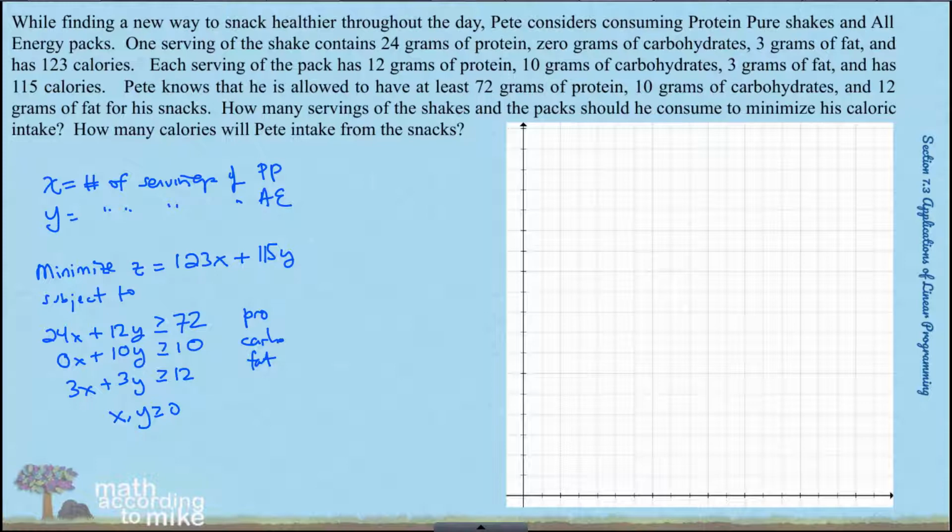All right, so we have made our linear programming problem, which now means we need to graph it and find all of the corner points. So just like we did in previous videos, we'll take the inequality 24x plus 12y greater than or equal to 72, and we'll graph that.